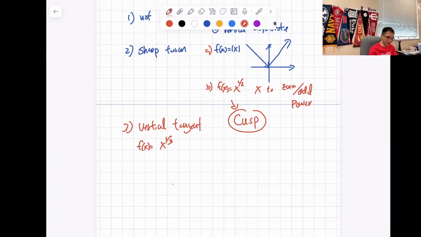This graph is going to look something like this. And I'm going to show you why they are not differentiable, but it's going to be looking like this. So at this part here, it's not differentiable. Actually, sorry, this graph's not really good.